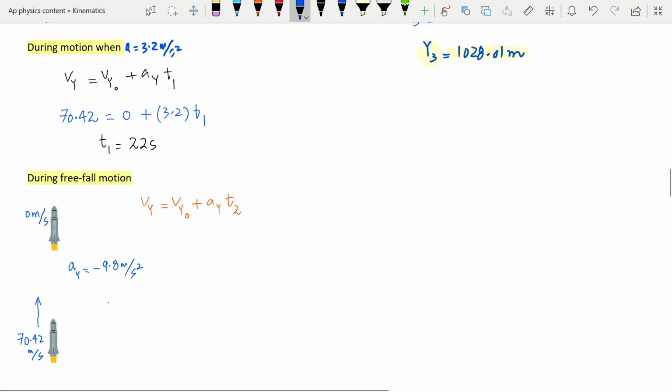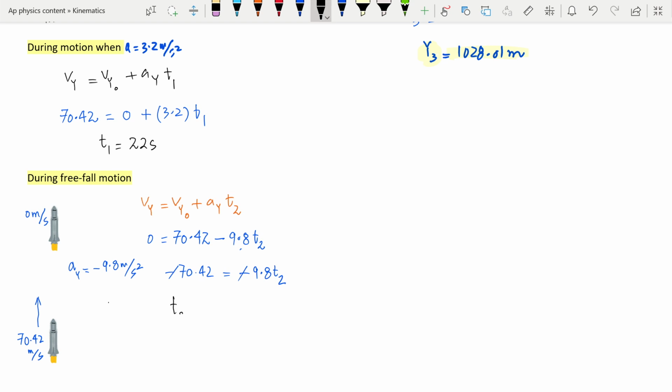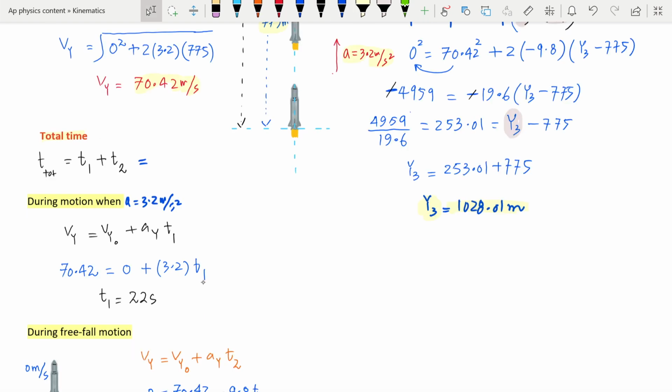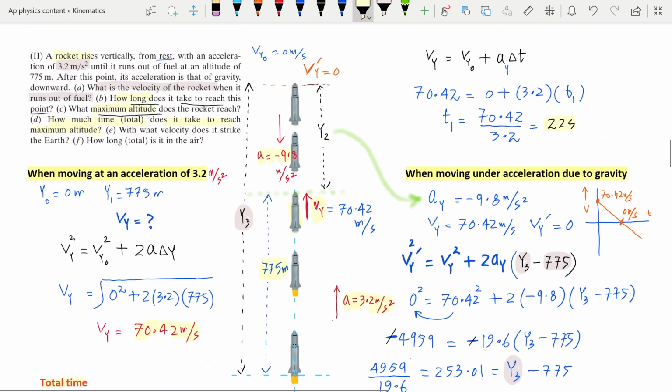So 0 is equal to 70.42 minus 9.8 t2, so negative 70.42 is equal to negative 9.8 t2. Negative and negative cancel out, and our time during free fall motion is 7.18 seconds. So for the total time you add these two times, and that must be 29.18 seconds. So this is the total time to reach the maximum height.